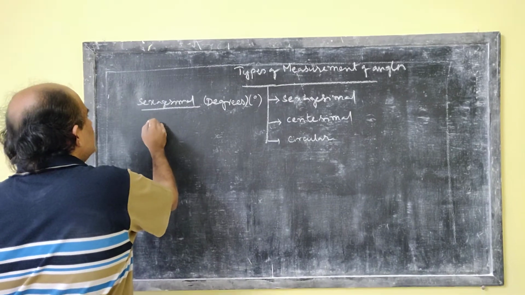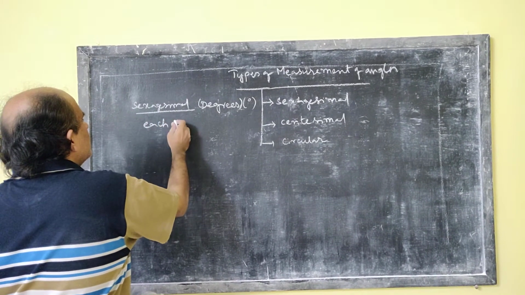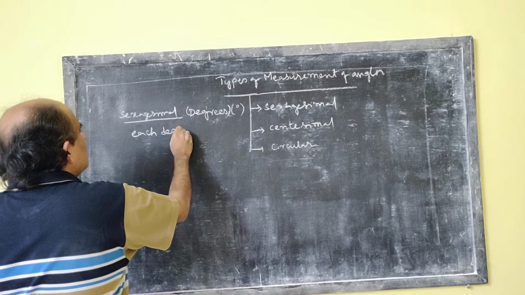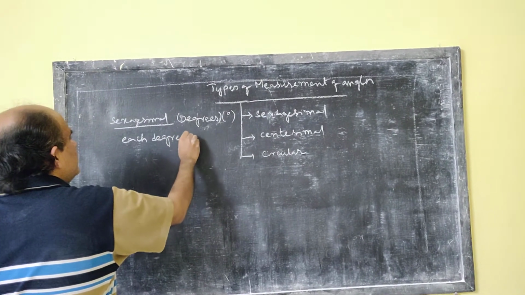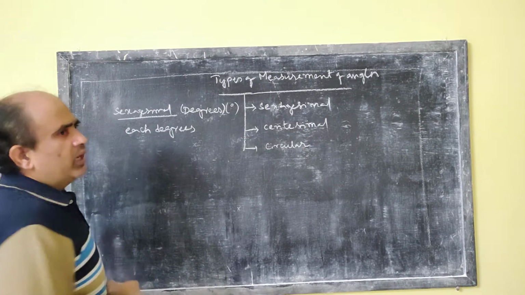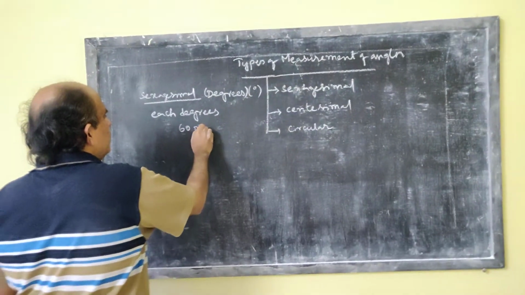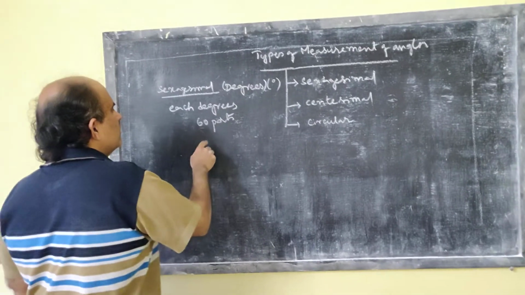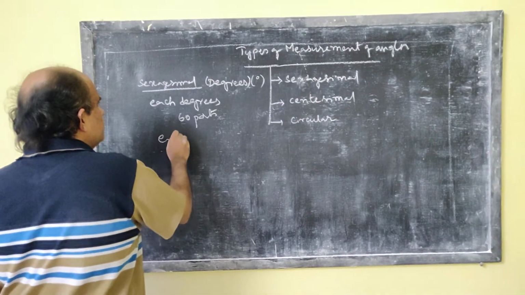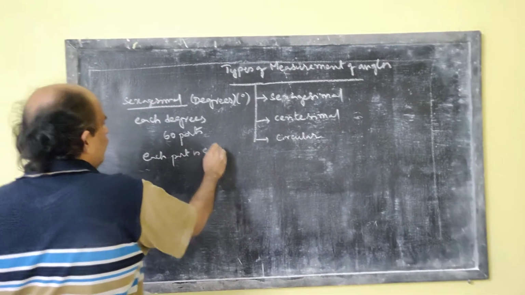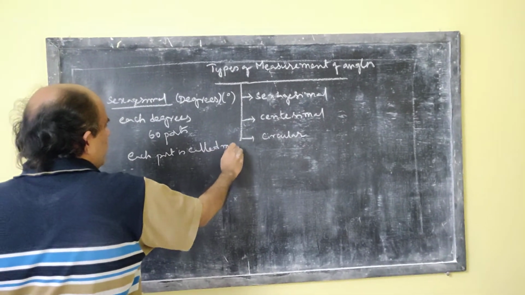Next, each degree is divided into 60 parts. Each part is called a minute.